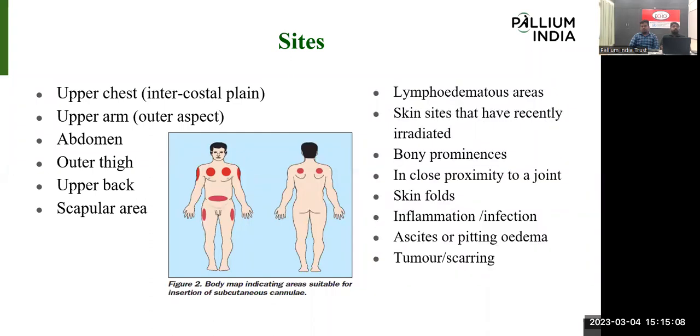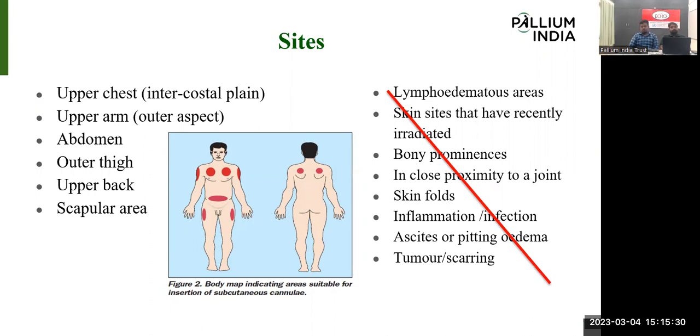Then what are the sites where we cannot give the subcutaneous injection? First, if we choose the right upper arm for giving the subcutaneous injection or infusion, and that arm is already affected with lymphedema, then we cannot give the injection in that arm.